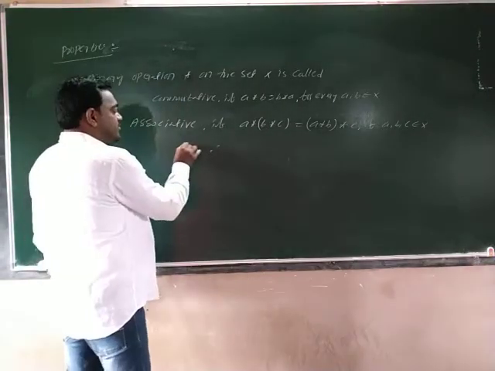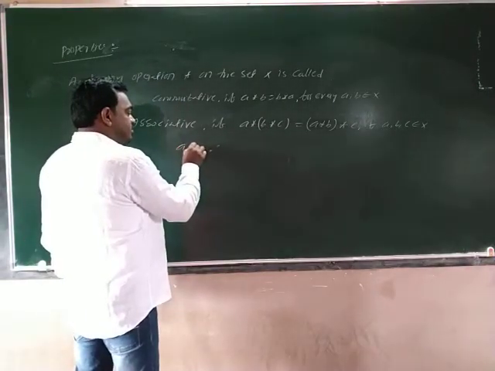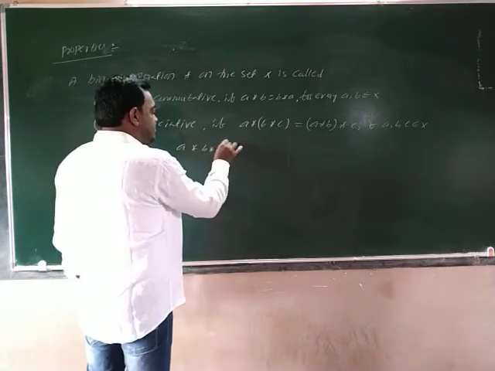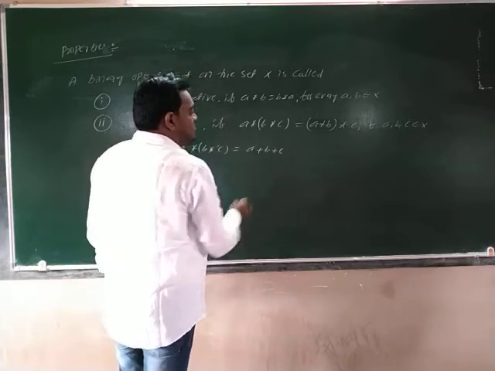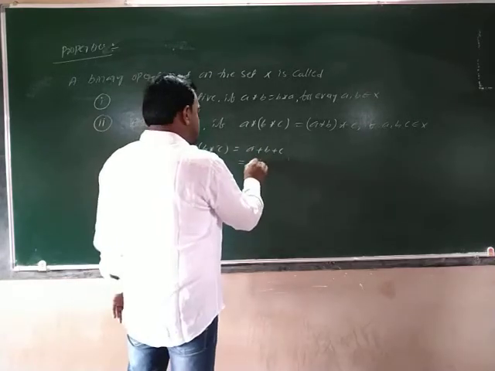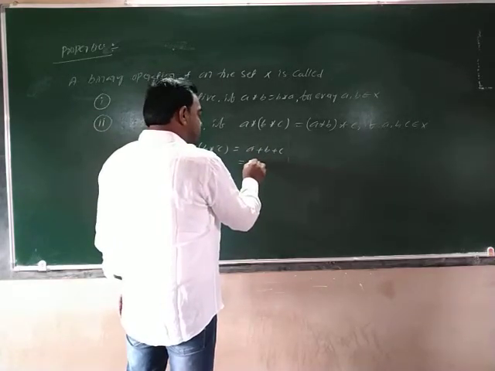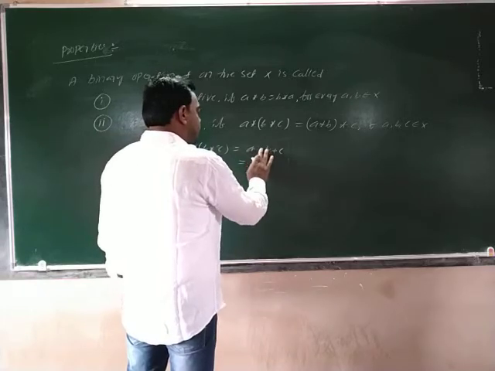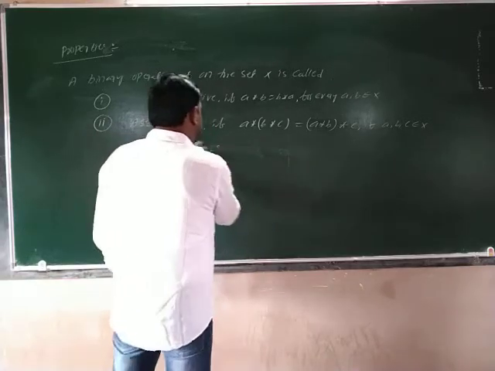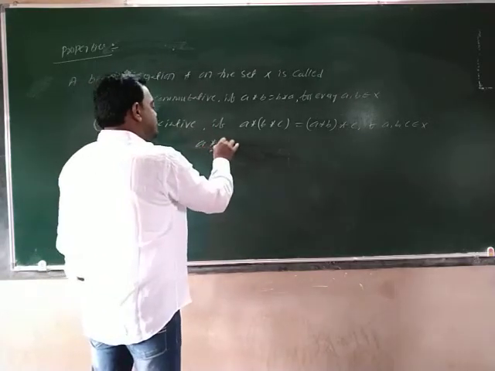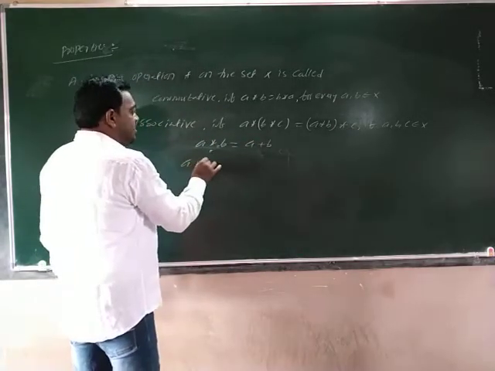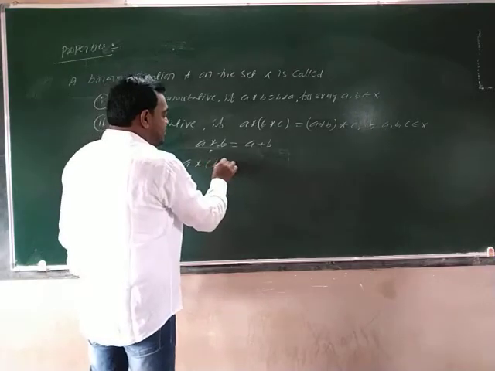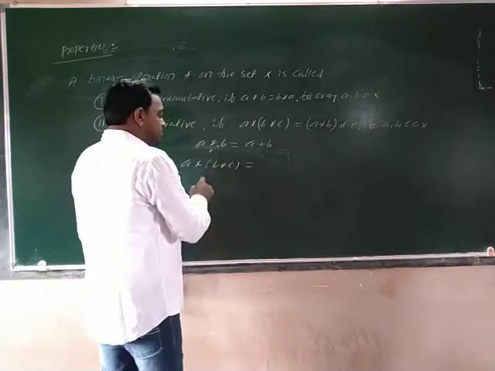That means A star of B star C is equal to, if star is addition, what we are getting here is this. A star B is defined as A plus B. So now A star of B star C is defined.